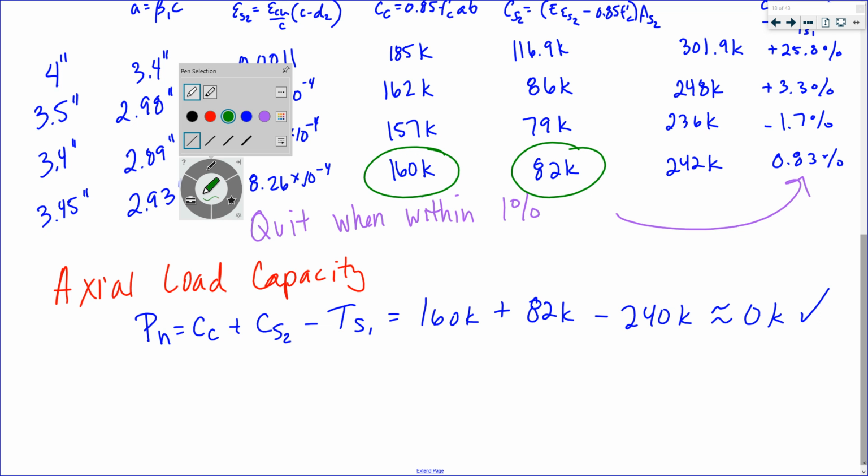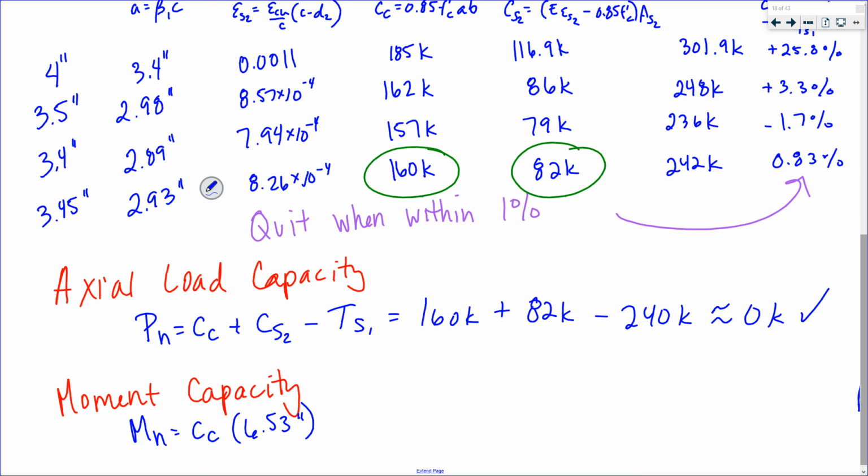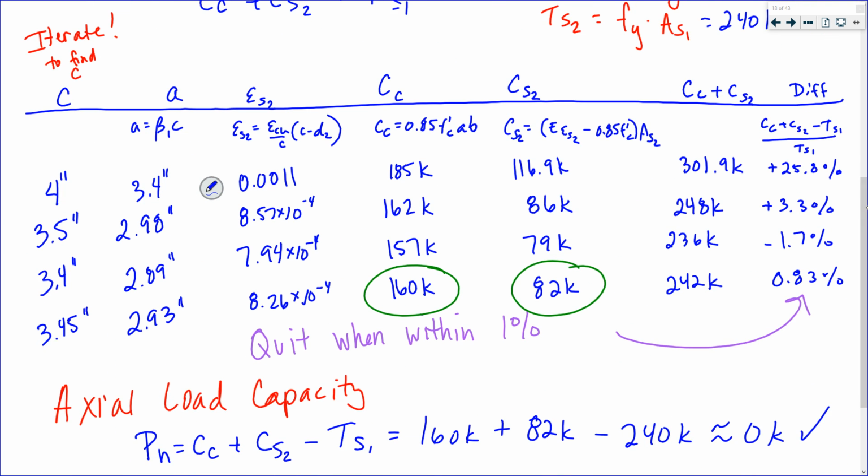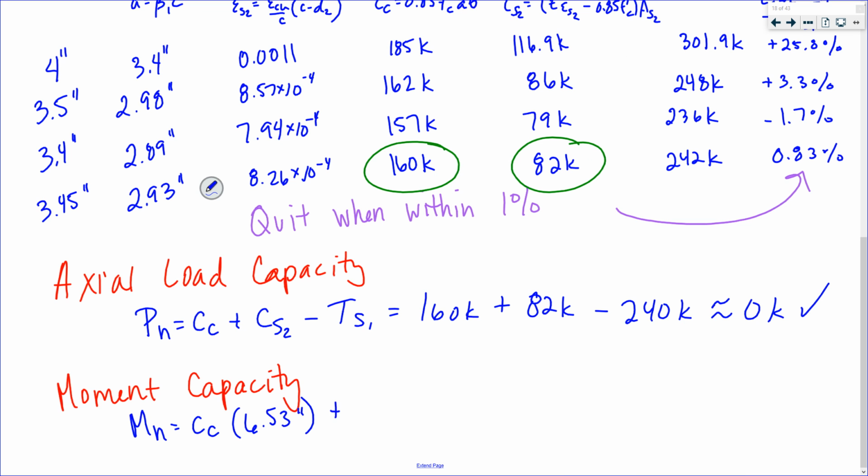So let's see, my moment capacity. Mn is equal to C sub C times 6.53 inches. Did I put 5.3? Could be 5.4. I'll just leave it at 5.3. It doesn't matter. Plus C sub S2 times 5.5 inches plus T sub S1 times 5.5 inches.